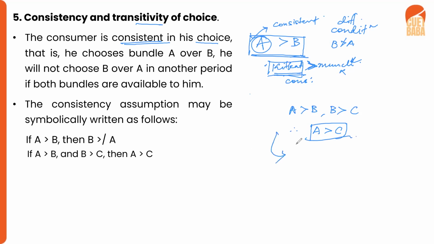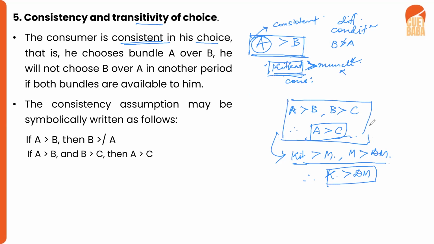Explaining it in the form of an example or real world thing, that if I prefer Kit Kat over Munch, and if I prefer, say, Munch over Dairy Milk, then be it any condition, I'll be preferring Kit Kat over Dairy Milk as well. Okay, so this scenario has to be taken into consideration, and based on that, we can remember the transitivity theory and the consistency theory.